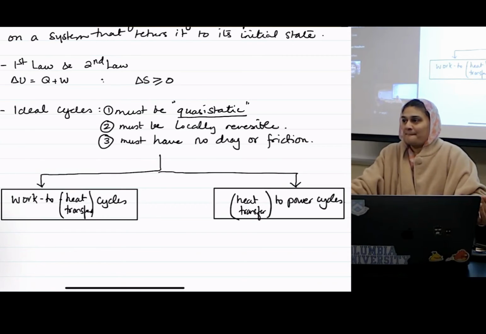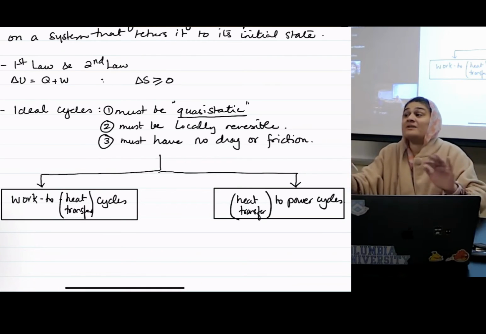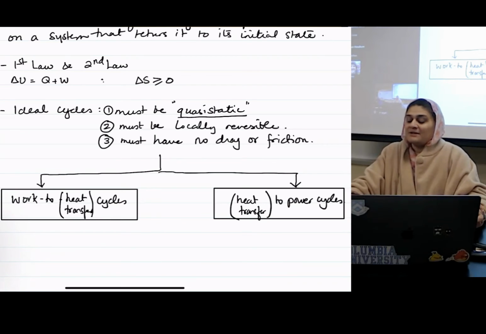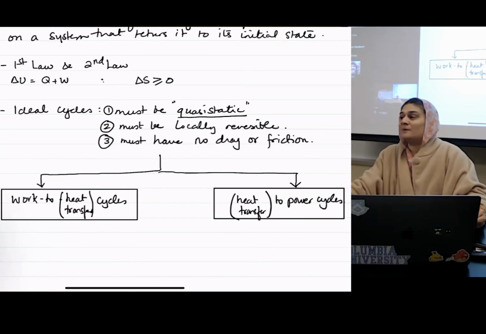Or cool, either way, to transfer temperature from one place to another, where it doesn't want to go. The second one is heat transfer to power cycle. What do you think is happening there? You are transferring heat in order to do work.